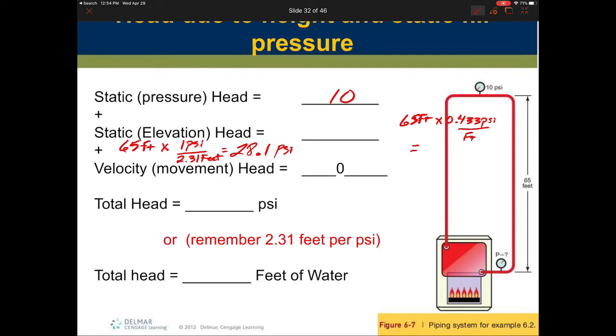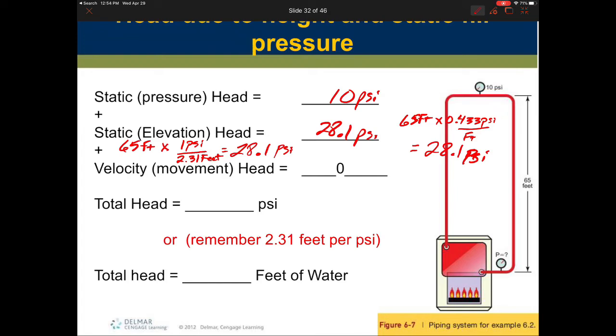And when I do that, 65 times 0.433, you'll get roughly 28.1, in PSI of pressure. So that means this is 28.1 PSI.